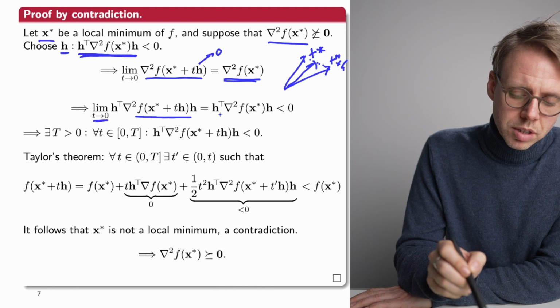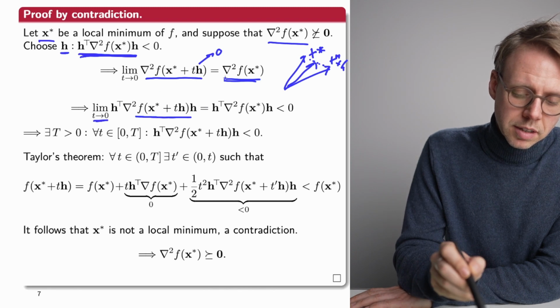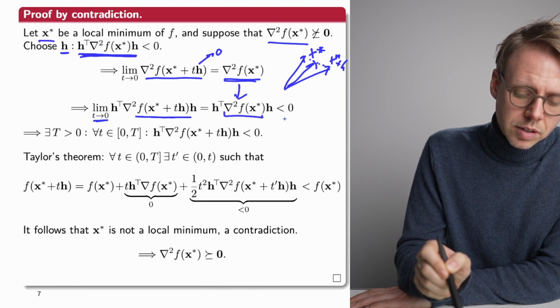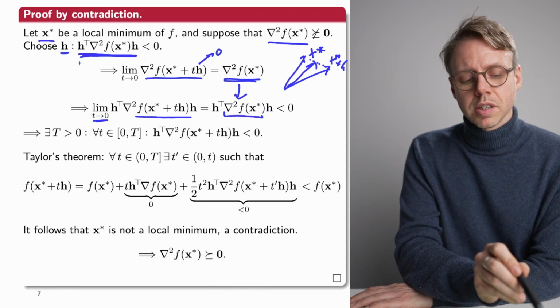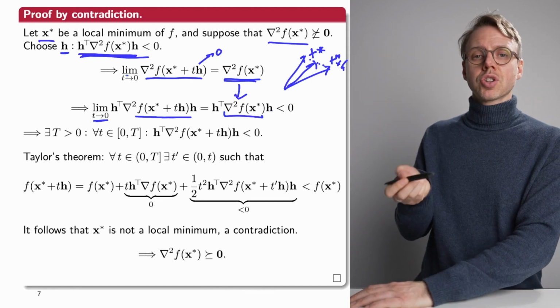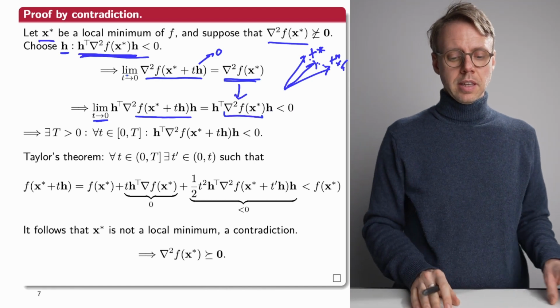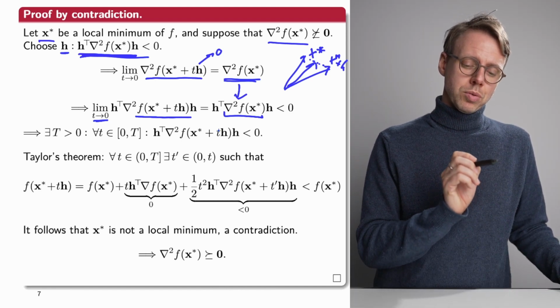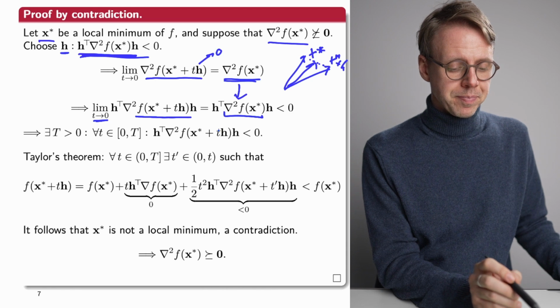It follows that if we plug in this form here, this is of course also smaller than 0 because we chose our h exactly in that way, such that the squared form equals a value smaller than 0.